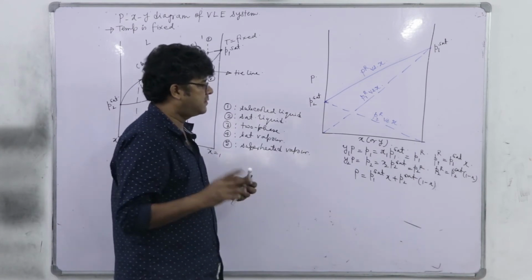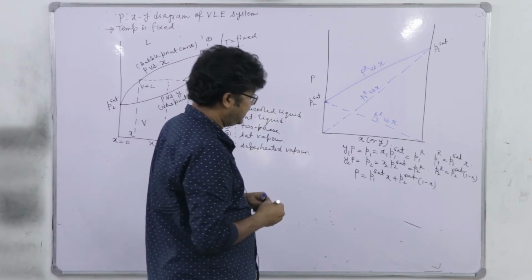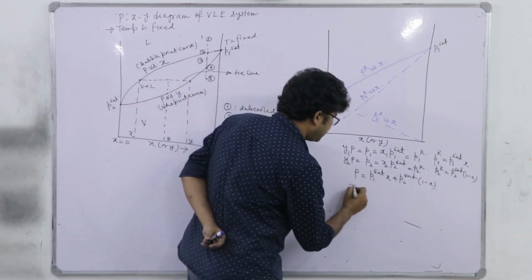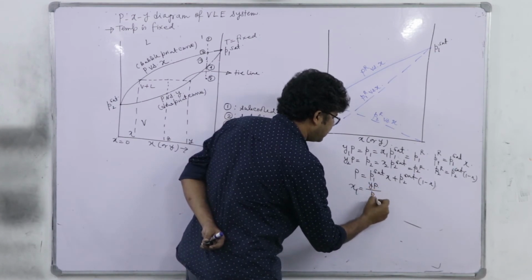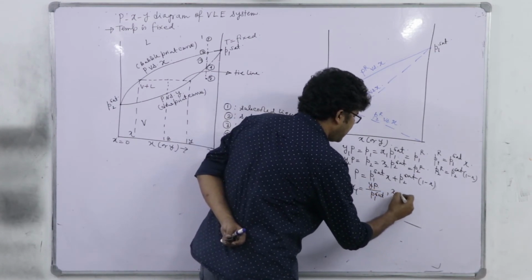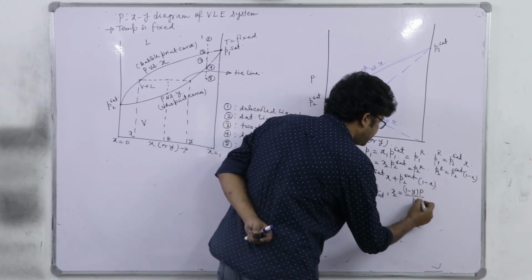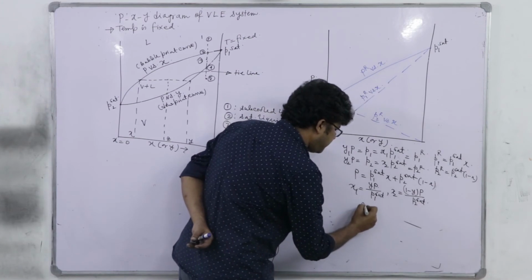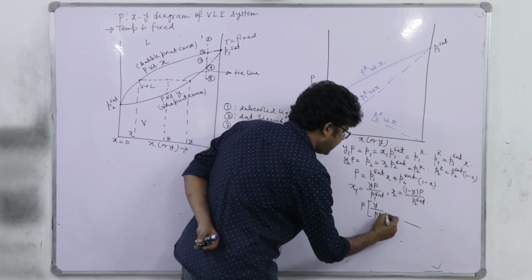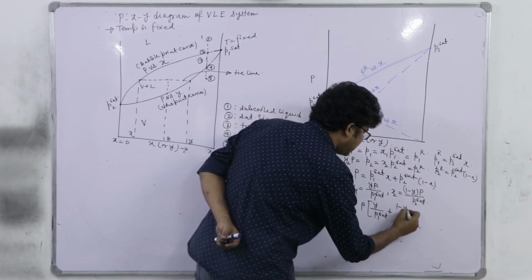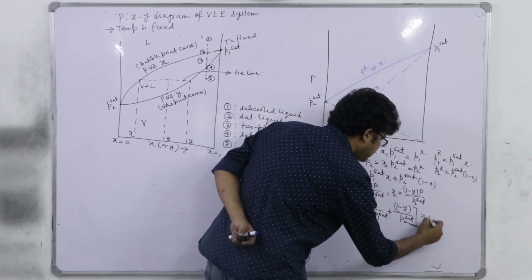Now, regarding this plot for P Raoult versus y, what we will do? x1 is equal to y into P divided by P1 sat, x2 is equal to 1 minus y into P divided by P2 sat. So, P within bracket y by P1 sat plus 1 minus y divided by P2 sat must be equal to 1.